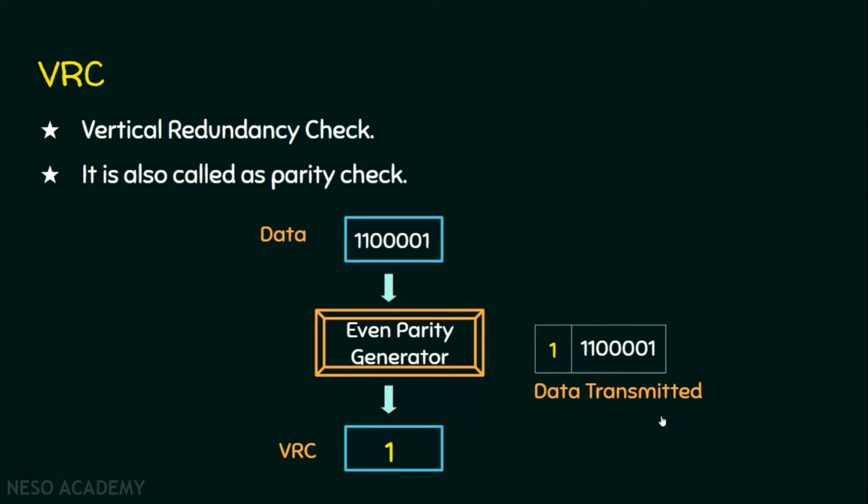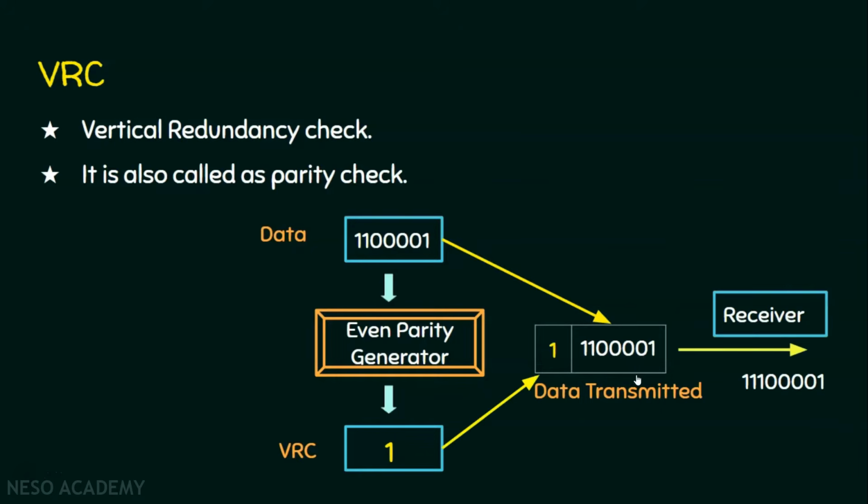So the data that is transmitted is 11100001. We can notice that this is the original message, and this is the VRC. This is the information sent to the receiver. If there are no errors during transmission, the receiver receives this information as 11100001.